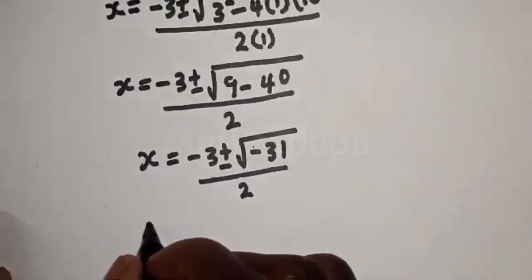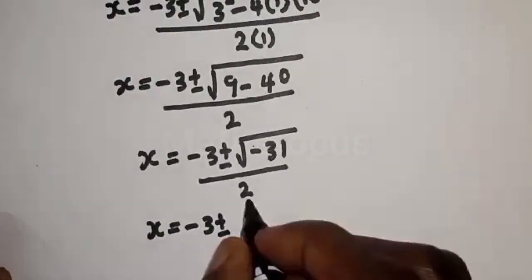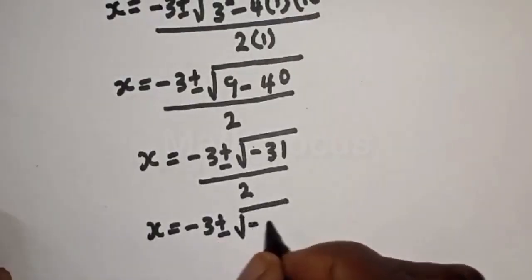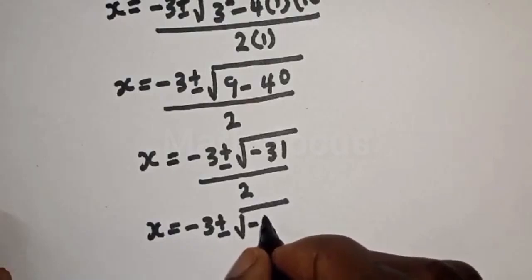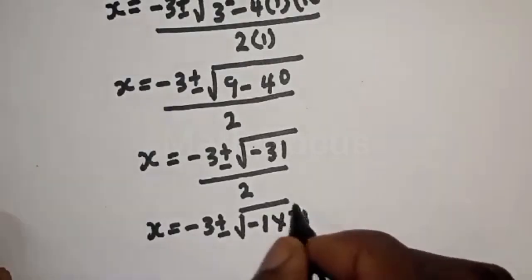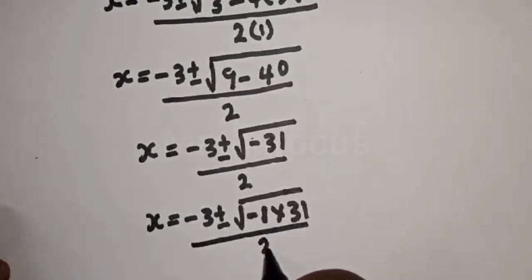Then s is equal to minus 3 plus or minus square root of minus 1 times 31 over 2.